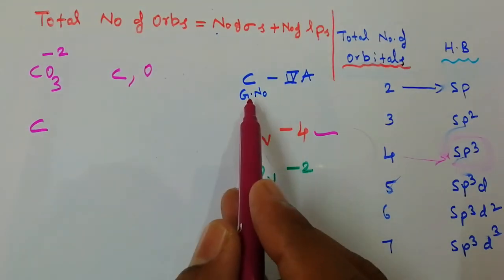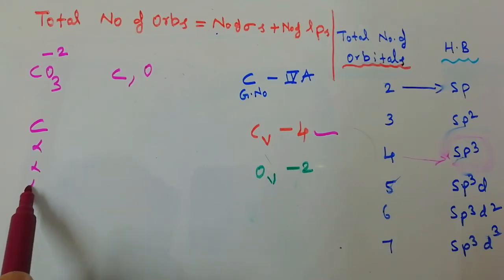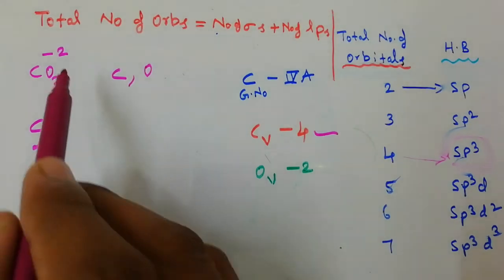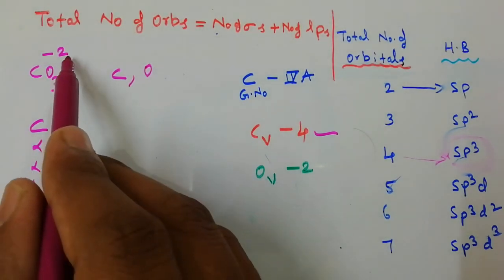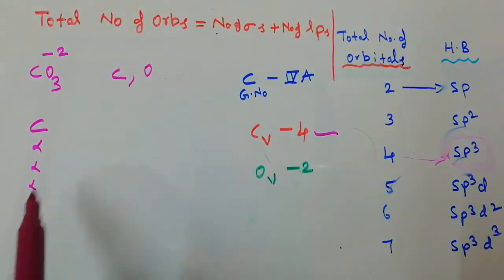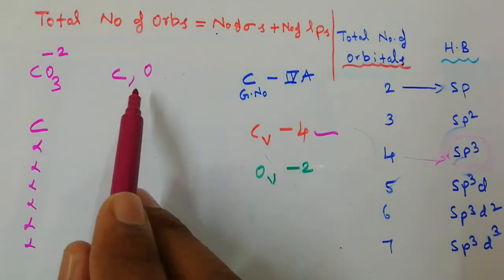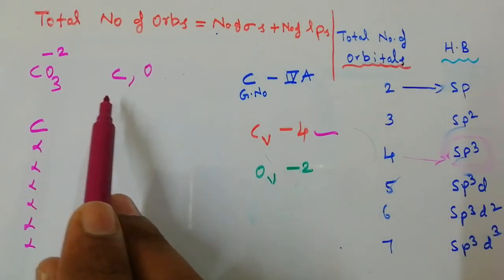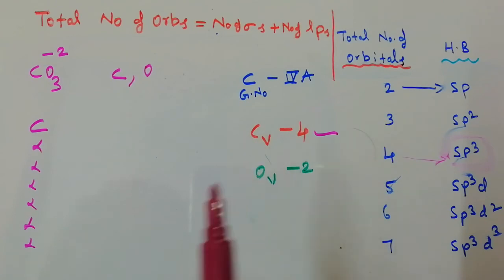And what is the group number of carbon? It is a 4A group element. So write 4 electrons immediately. And then what is the charge here? Minus charge, that means addition of electrons. So total charge is minus 2, so you need to add 2 extra electrons. That's over. Then the other atom is there now. That atom's valence is 2. That means it connects with 2 electrons of the carbon atom.